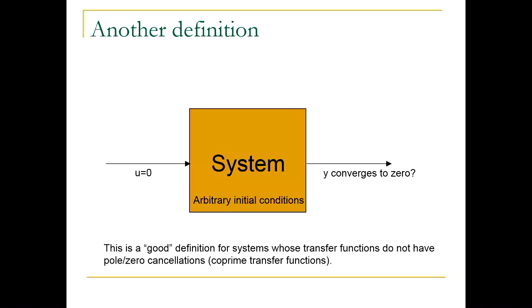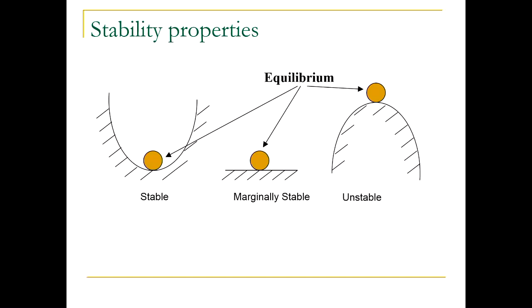So intuitively, what does this mean? This picture from one of the earlier lectures explains this stability property very well. When I talk about stability of a system, I always assume I linearize the system, so the equilibrium I'm interested in is the origin. That means the actual output is the same as some desired output.